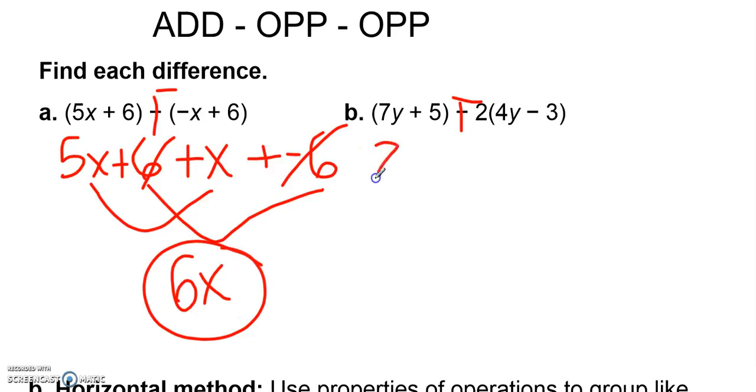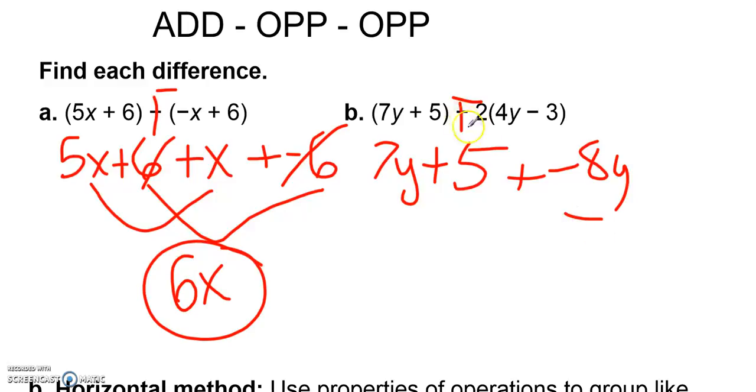Okay, so now we have 7y plus 5, and then negative 2 times 4 is going to give us a plus negative 8. And so that's negative 2 times 4. Oh, y. Caught myself. Okay, that's really good.